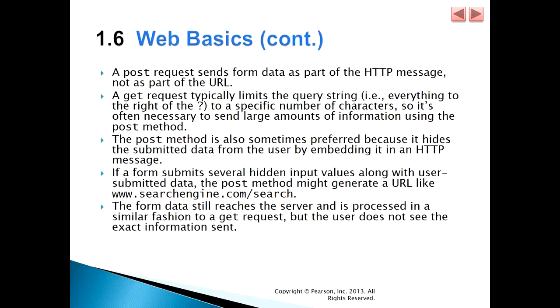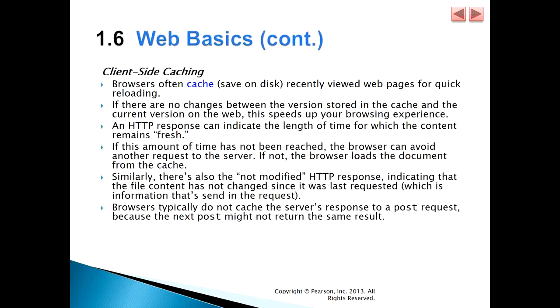Alright, here is all this talking about the server and client. The client side usually can save the information that has recently been viewed to quickly reload it through what we call cache. Cache, C-A-C-H-E, cache. Cache is something saved on the disk. That means it is saved to be viewed quickly through the browser if it is frequently opened.